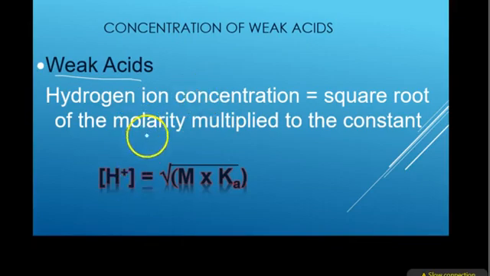All right, so concentration of weak acids, honor students. To figure out the concentration of a weak acid, it is the square root of the molarity times the Ka value. And the Ka value, just to let you know, is going to be provided for every acid, both strong and weak. You have to know when to use it. When do you use it? When it's a weak acid.